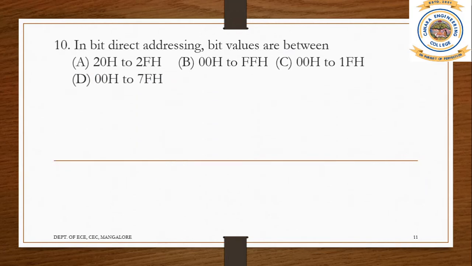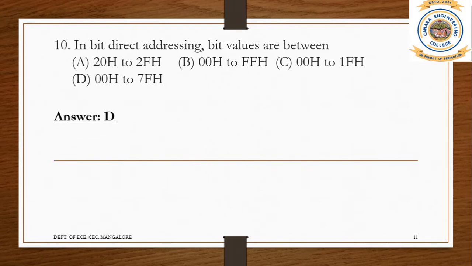So the next question is to check your ability to remember internal RAM addresses. The question is, in bit direct addressing, where are the bit values? Bit values are between which internal memory addresses? 20H to 2FH, 00H to FFH, 00H to 1FH, and 00H to 7FH.